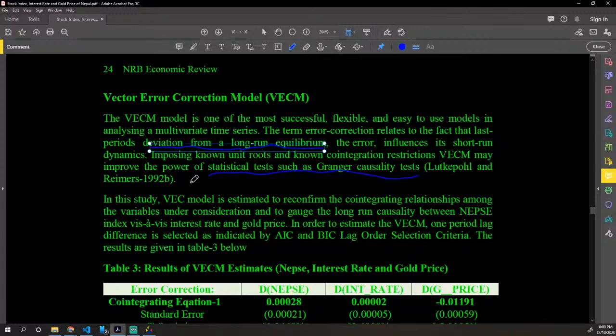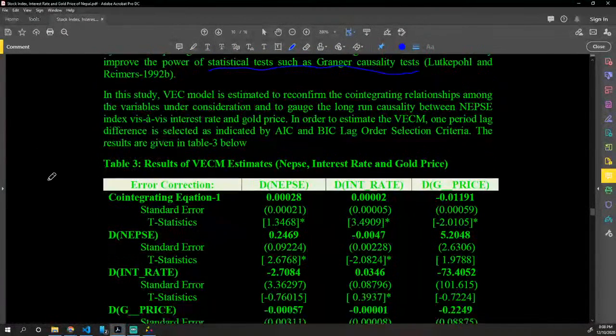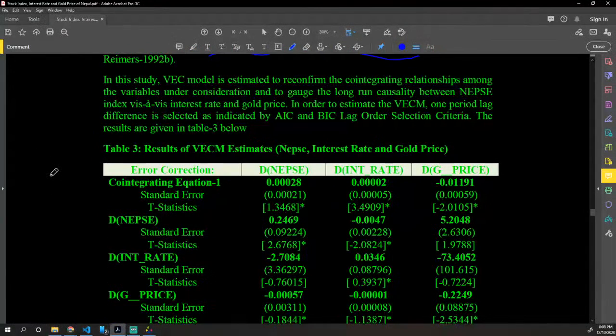In this study, the VEC model is estimated to reconfirm the co-integrating relationship among the variables under consideration and to gauge the long-run causality between NEPSE index, interest rate and gold prices. In order to estimate the VECM, one lag difference is selected as indicated by AIC and BIC lag order selection criteria, and the results are given in the table below.